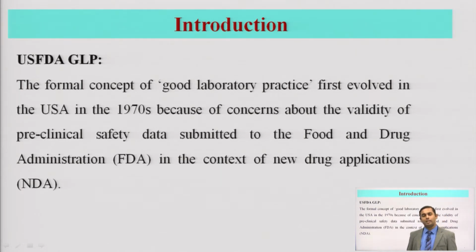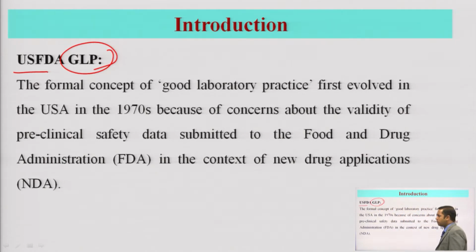If the drug is in the market, then they do surveillance, post marketing surveillance, which we call pharmacovigilance, and due to that they maintain a check and balance. That is why US FDA always comes to the picture and they gave much more rigorous norms and rules for GLP.